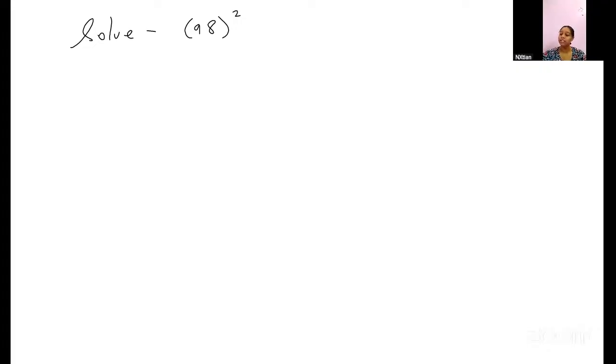Usually when we have a bigger number than 100, how do we find the deviation? 100 plus that number. Suppose I have 108, so the deviation becomes 8. But when I have a number lesser than 100, it becomes 100 minus 98, minus 2.